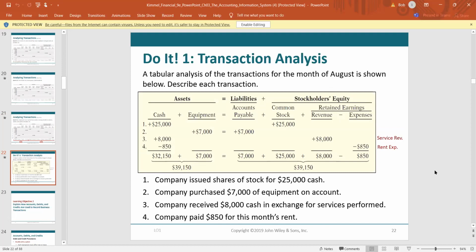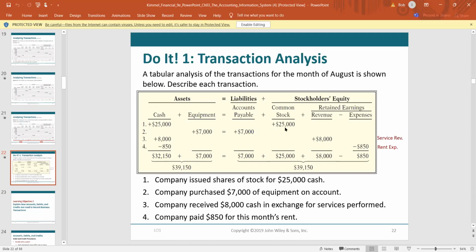Here they're just showing us the detail after, I guess, four transactions with this particular company. What did this company do? They started off, they issued stock, they bought equipment, and they incurred revenue. They got revenue, and then they had a little bit of expense here. So if this was the end of the month, this company's stockholders' equity would be 25,000 plus 8,000 minus that 850.